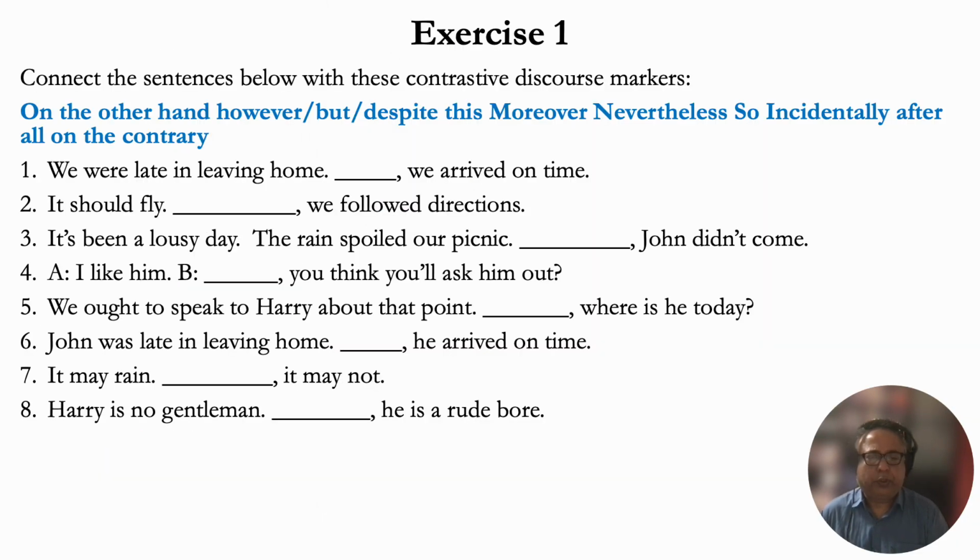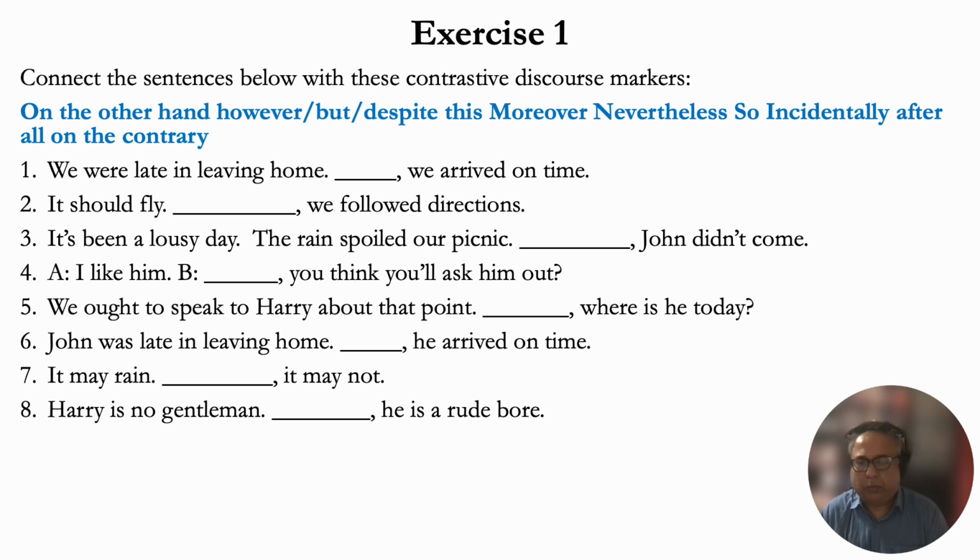All right, so 2 quick exercises I need you to do. It's always a good idea to practice what you learn. So there are examples of discourse markers before these sentences. Use one of them to fill in the blanks in the sentences 1 through 8. So there are 8 sentences with something missing.